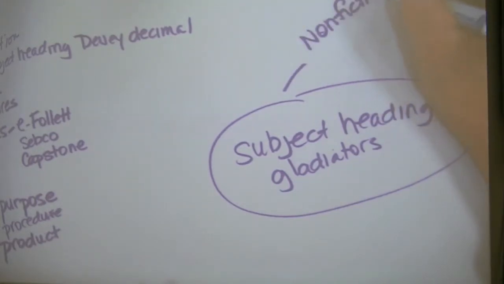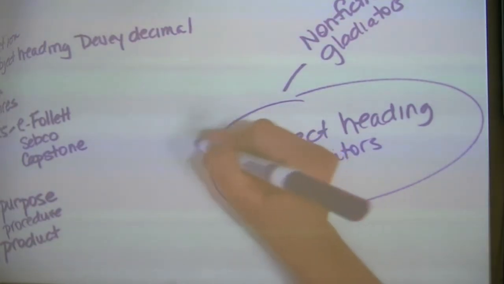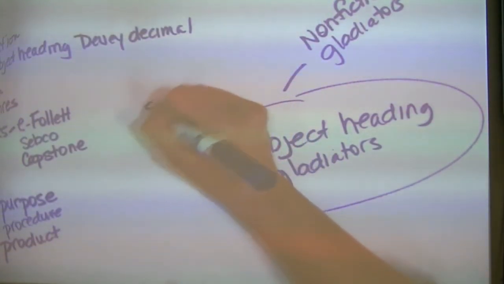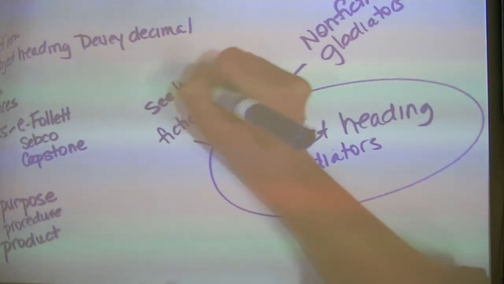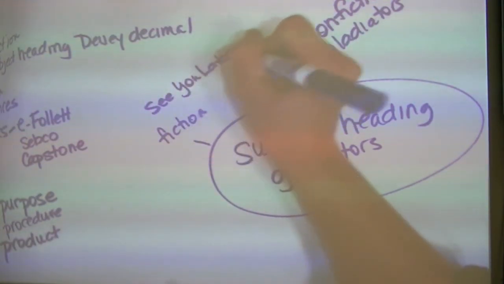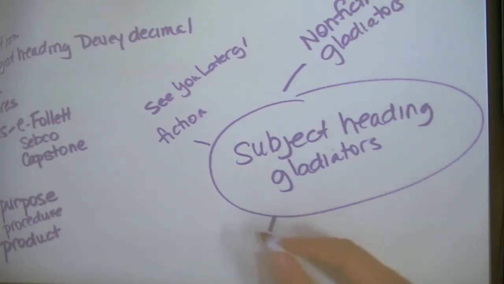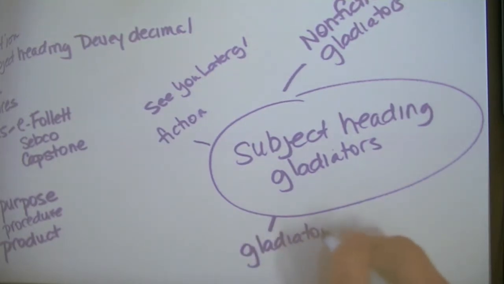The best gladiator book that we have in our library is actually called Gladiators. There is also a fiction book by John Sheshka, which is called See You Later, Gladiator. And then, on Capstone, there is an ebook entitled Gladiator.